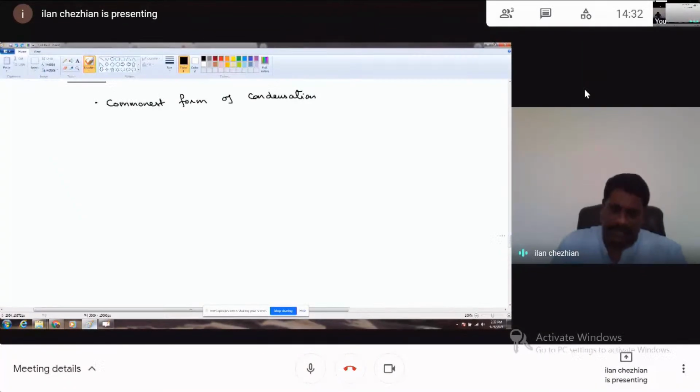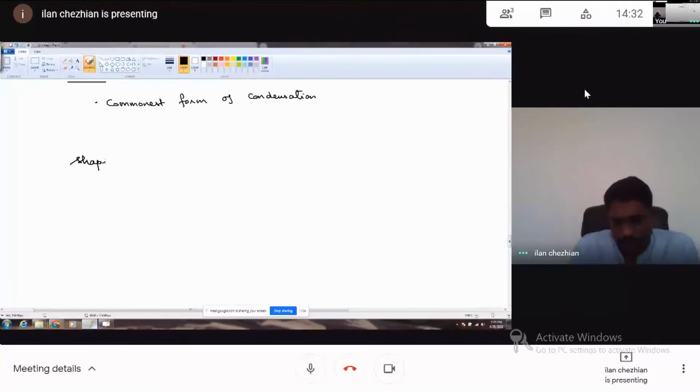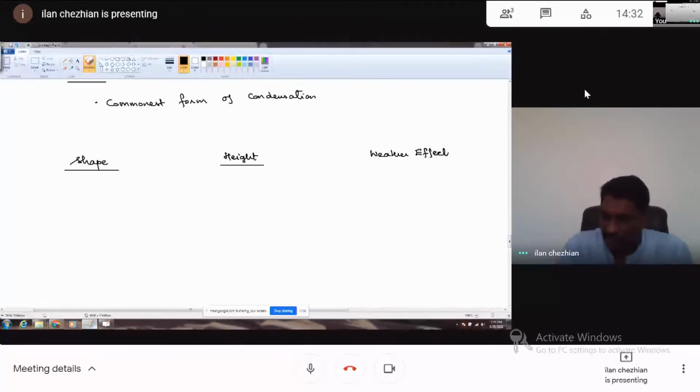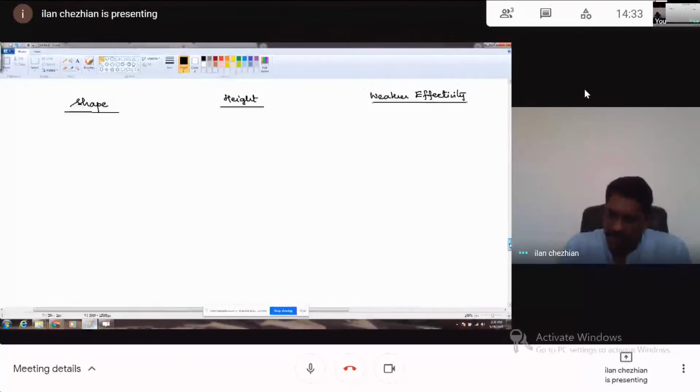For example, clouds can be classified based on shape, based on height, and also based on weather effectivity. So there are different ways you can classify clouds. I'll tell you one by one.